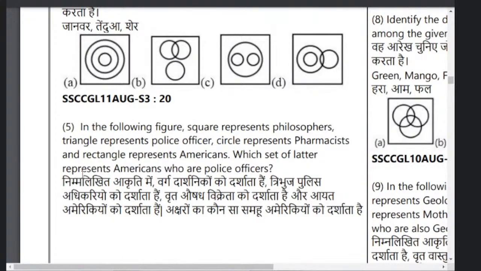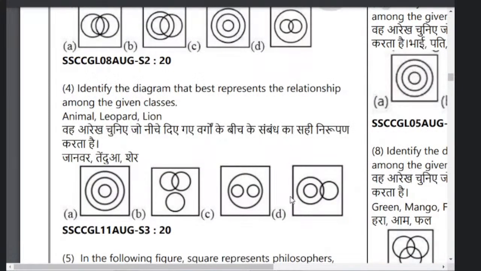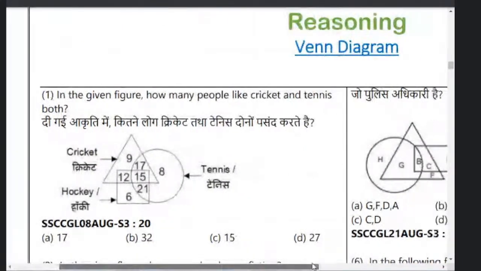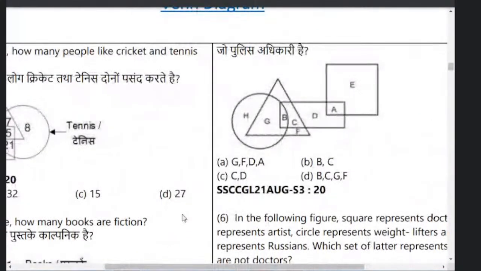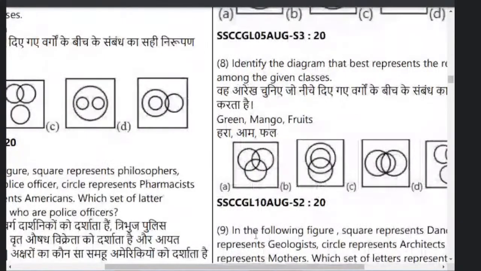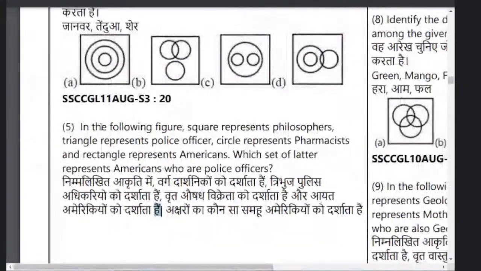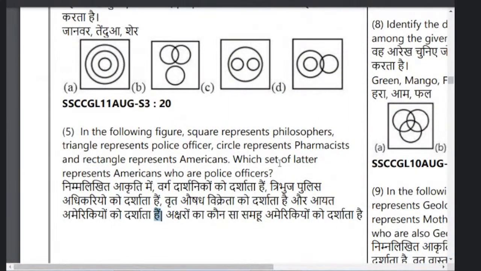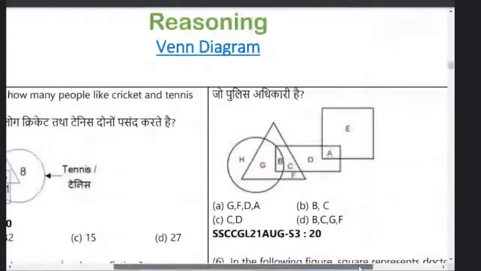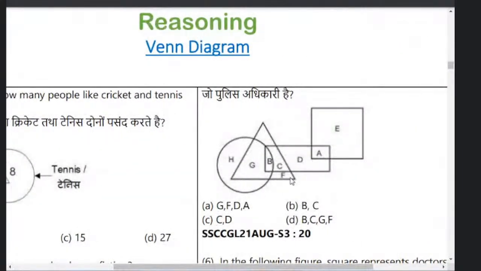Then which set of letters represents the Americans who are police officers? So the triangle is police officer and the rectangle is American. We have to find those persons who are American as well as police officer.